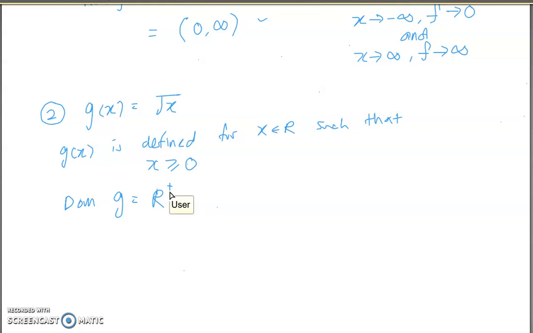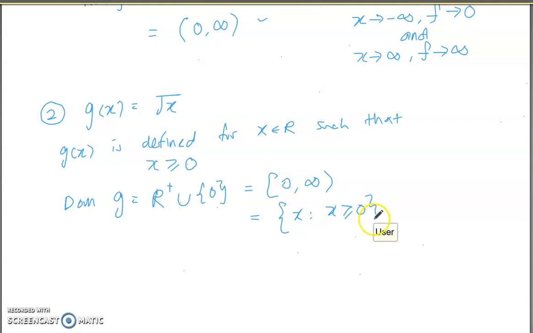But now we need to include the 0, so you have to put the union with the set of 0 this way. Or you can put it this way: now we want to include the 0, so you have to put a bracket like this, so 0 to infinity. Or you can put it in the form like this as well, the set of x such that x is greater than or equal to 0.